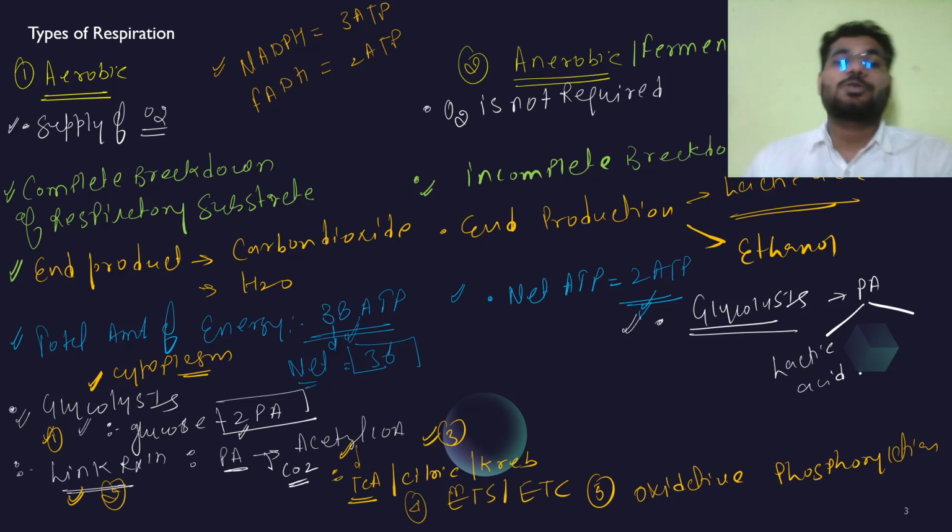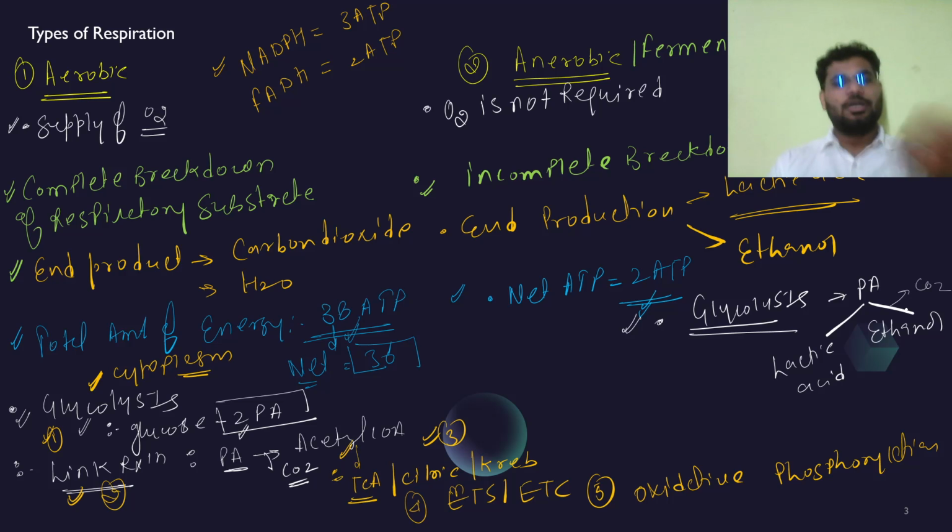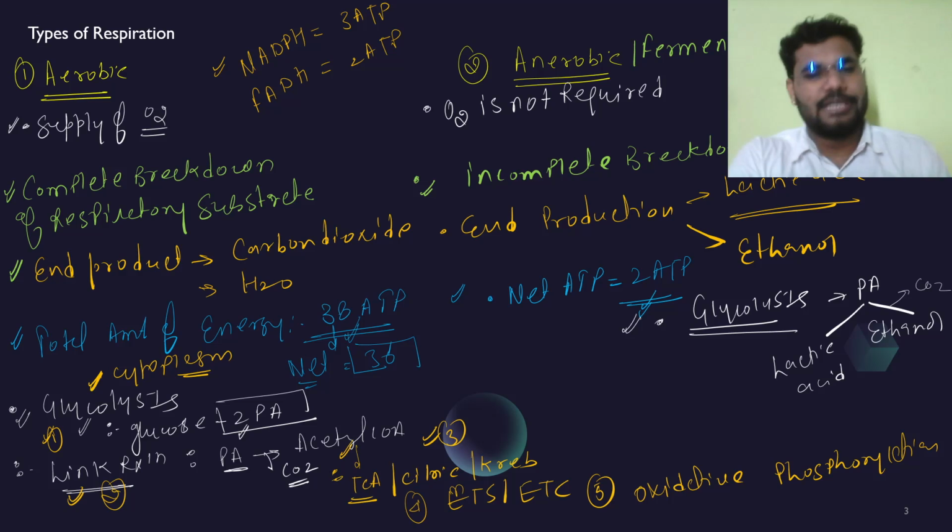Lactic acid is also a 3 carbon compound, so there is no production of CO2, right? Or it may be transformed into ethanol. Ethanol is a 2 carbon compound, so in that reaction CO2 is released. I'm sure you have seen a reaction where ethanol is produced and CO2 is also written along with that. But in lactic acid it does not happen.